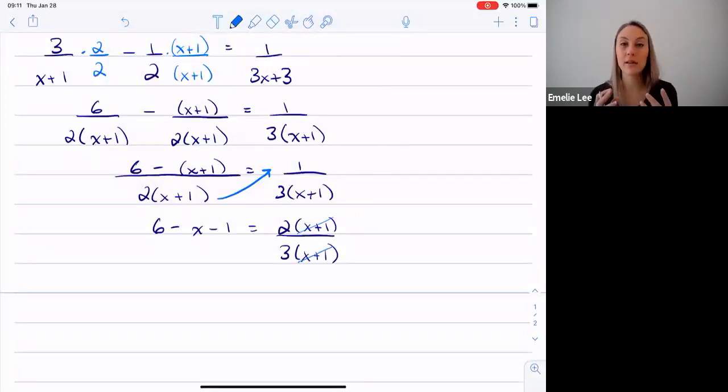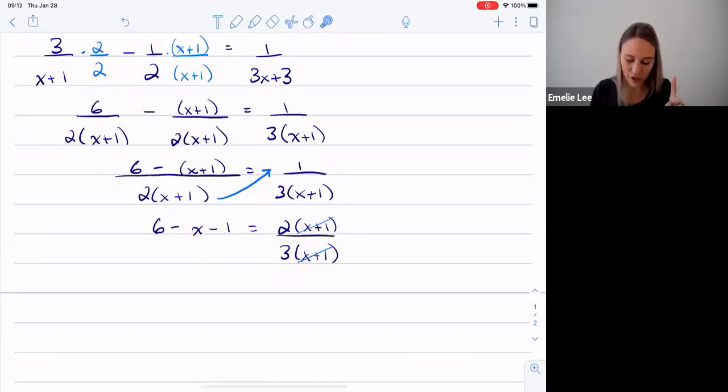I'm allowed to cancel things as long as it's a common multiple in both the numerator and the denominator. So I'm allowed to do that. So now I'm just left with 2 over 3 on the right-hand side. So that's nice. Now I just have one lonely little x here to deal with.